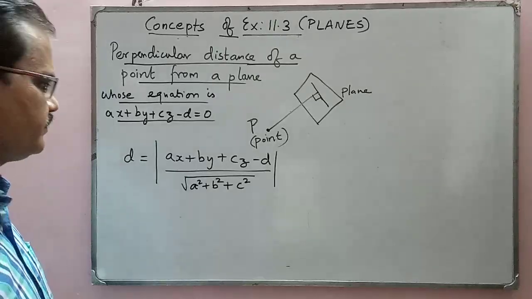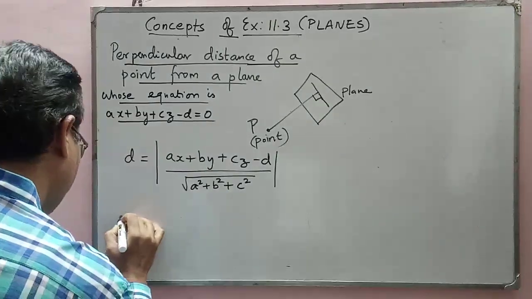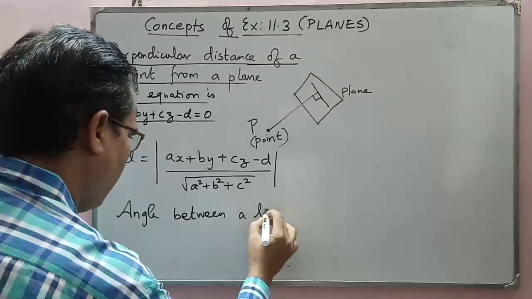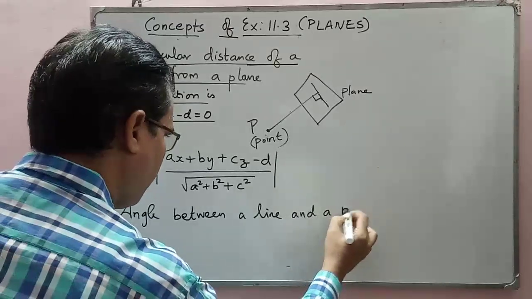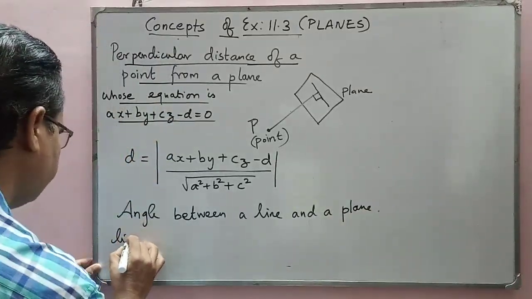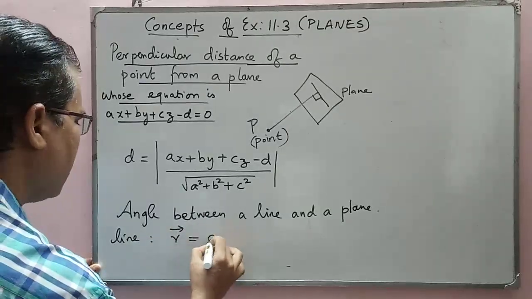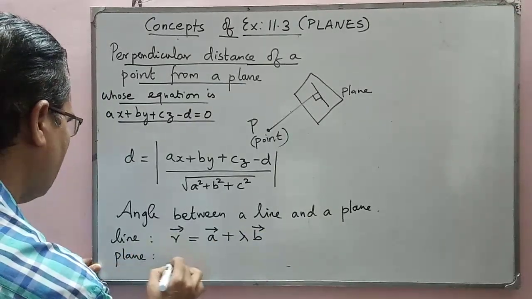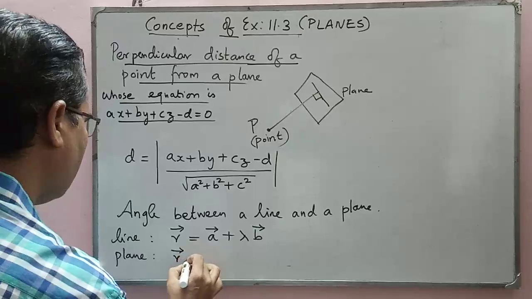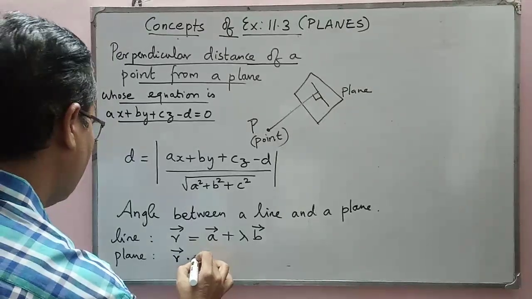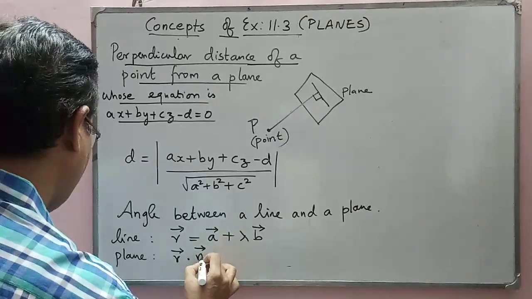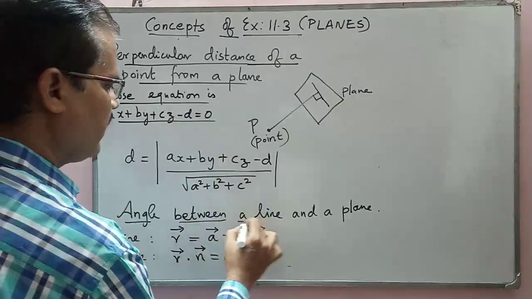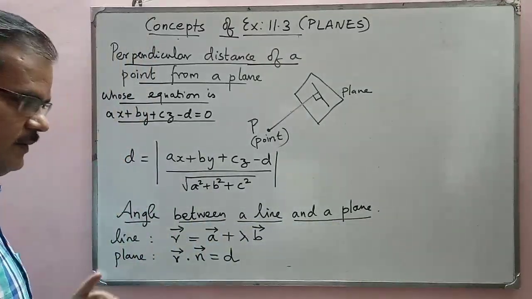Next we are going to see the angle between a line and a plane. If the line equation is r vector equals a vector plus lambda b vector, and the plane equation is r vector dot n vector equals d, how to find the angle between a line and a plane?